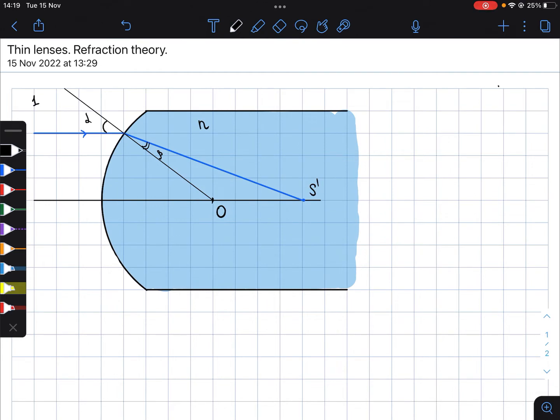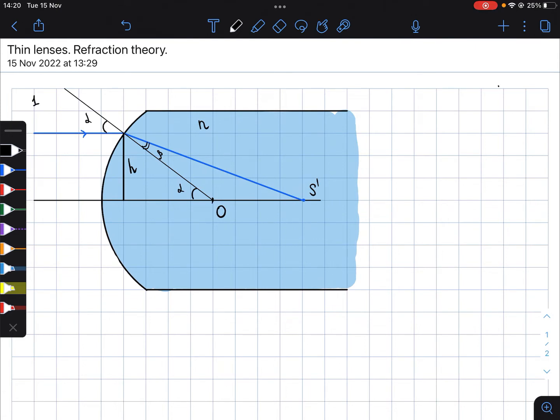So if this angle is alpha, this angle is also alpha. Let's write it down. Now let's draw a straight line from the point of incidence to the main optical axis; let's say its height is equal to h.